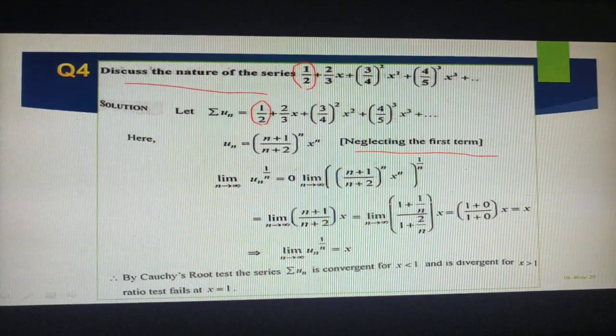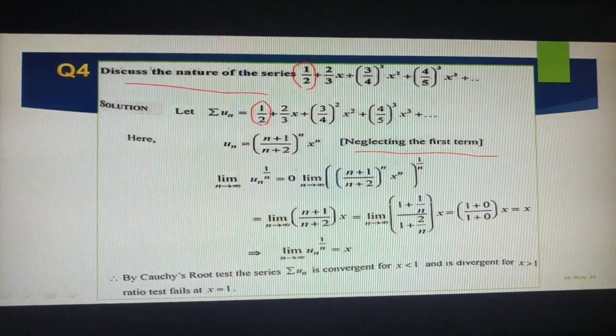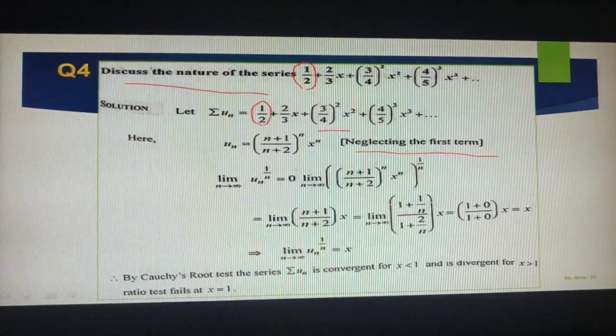The reason is that for an infinite positive series, when you add or delete certain terms, the convergence behavior and these properties will not change. Please keep that in mind. Now let us think about the other terms. Have you got any clue to write your un? If you understood carefully, let us take the third term, 3 by 4 whole square x square.